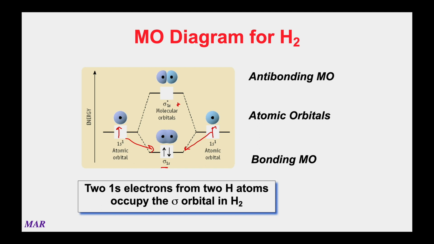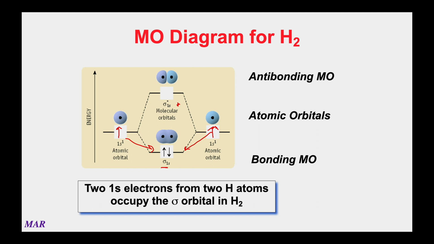This is the molecular orbital diagram for H2. And notice how both electrons saved energy making H2. This is why H2 is the dominant form of hydrogen. You save energy making H2 versus the individual hydrogen atoms. That's a cool thing.